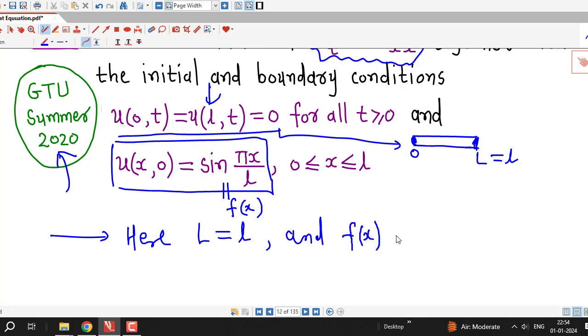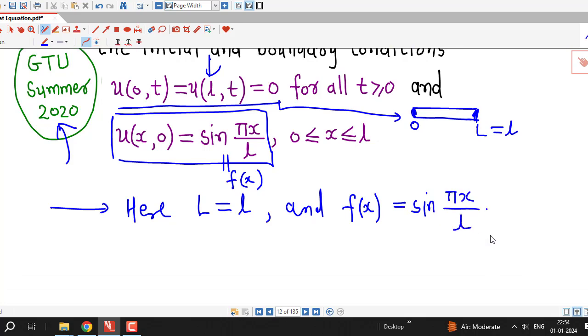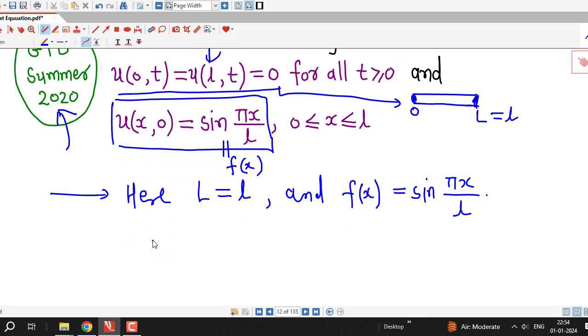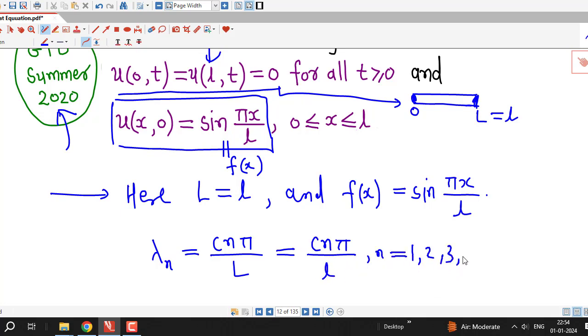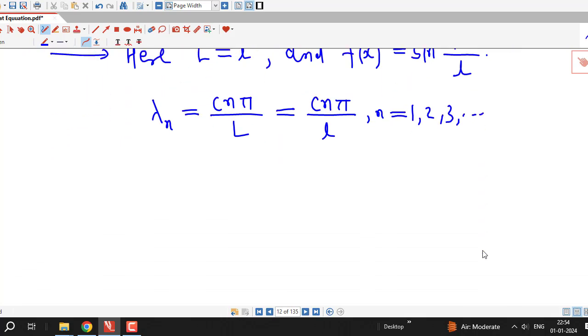So f(x) is sin(pi x divided by L), and first we write down lambda n. Lambda n is given by c n pi divided by the length of the bar. Here the length of the bar is denoted by small l, so we write small l instead of capital L. N takes the values 1, 2, 3 and so on.